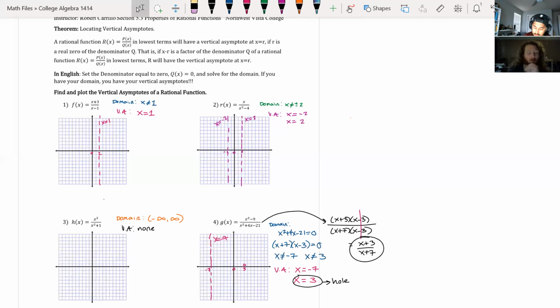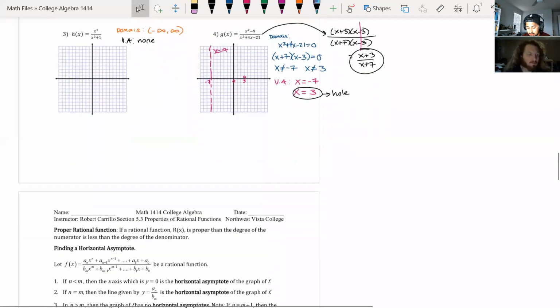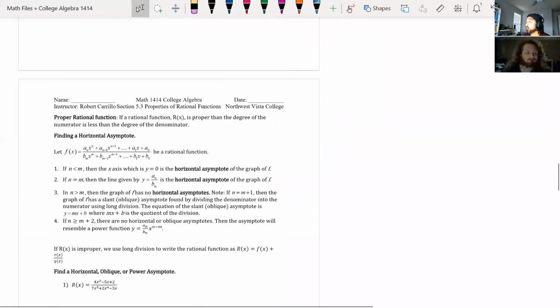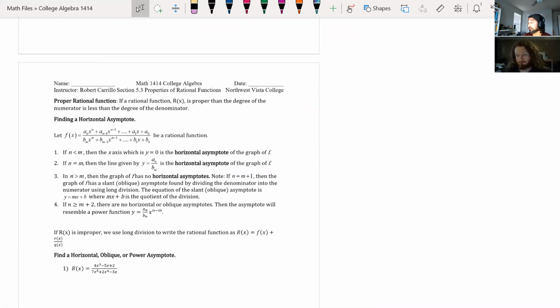All right. That's vertical asymptotes. And now we have horizontal asymptotes. So first thing to talk about is a proper rational function. It's the same thing as a proper fraction. To be a proper fraction, the numerator has to be smaller than the denominator.